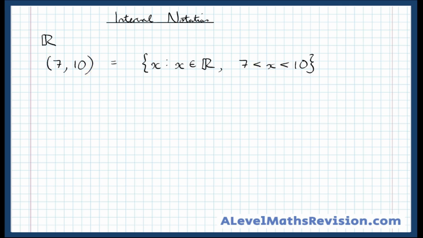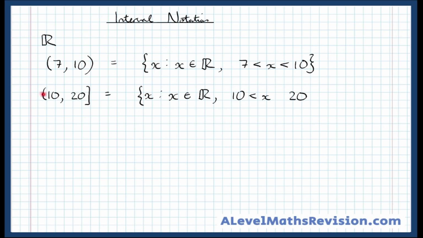If I do a different example, let's say between 10 and 20, notice I've got one curvy bracket and one square bracket. Again, it's interval notation, so that tells us it's the set of all x values where x is a real number. That will always be the case for intervals, such that x lies strictly above 10.